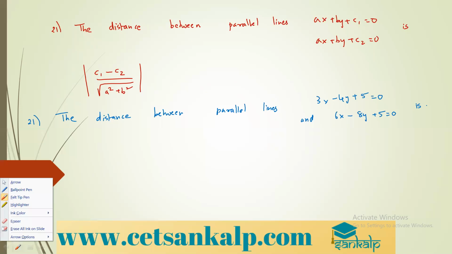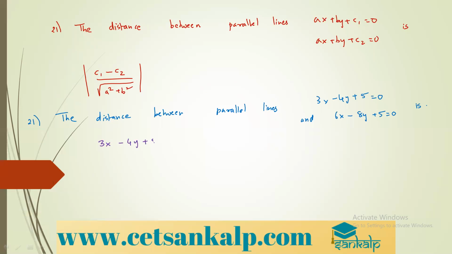First of all, we have to make the parallel lines look alike. Like first line 3x minus 4y plus 5 equal to 0 is okay. But the second line 6x minus 8y plus 5 equal to 0, I have to change. I have to pull out 2. 3x minus 4y plus 5 by 2 equal to 0.